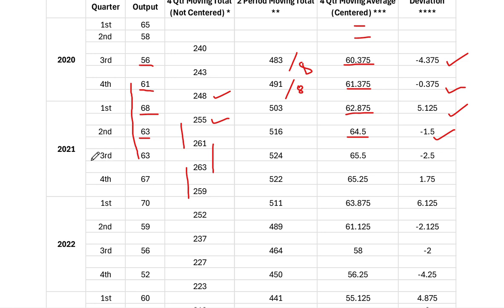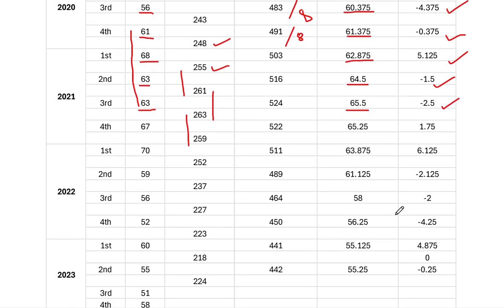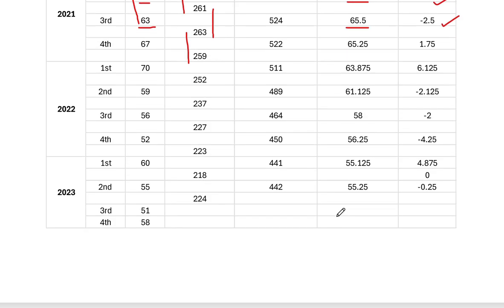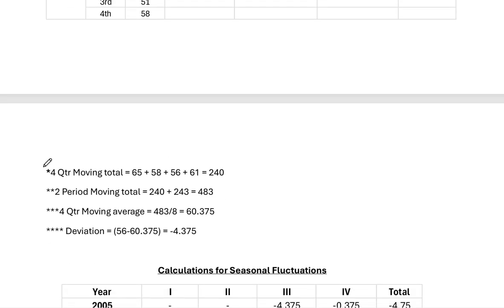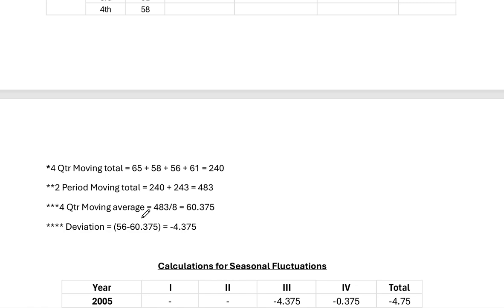Third quarter of year 2021, earlier output is 63 and revised output is 65.5. So deviation will be minus 2.5. In the same manner, we will calculate for all quarters of year up to 2023. Here I have given the details and formulas for calculation of 4 quarter moving total, 2 period moving total, 4 quarter moving average, and then finally deviation.